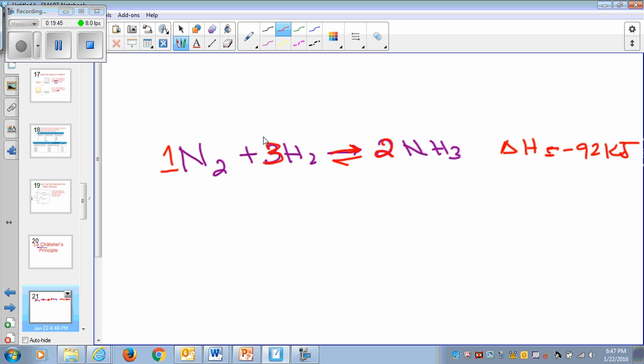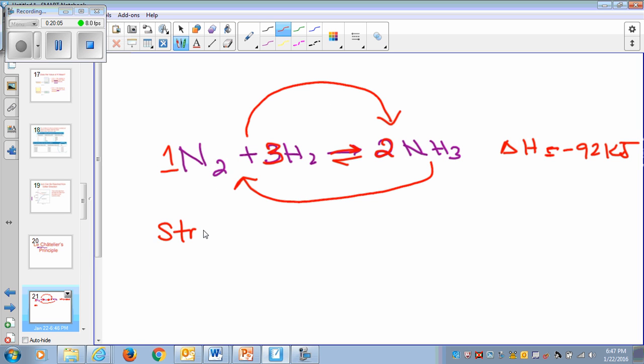So I assume that right now the reaction is in equilibrium, that these reactants are producing the products and the product is dissociating, decomposing back into the reactants. Le Chatelier said that if the chemical reaction is at equilibrium and you go ahead and stress it, the reaction will react in a way that it can relieve the stress.